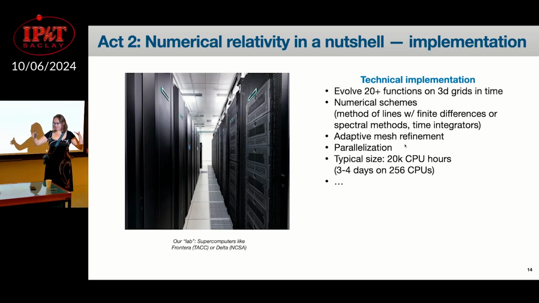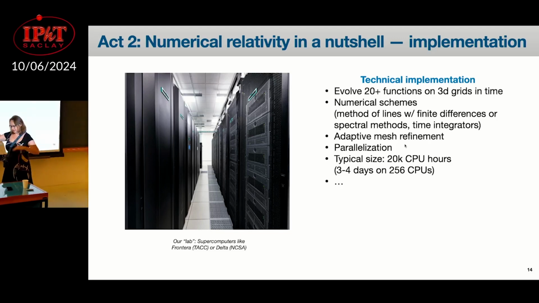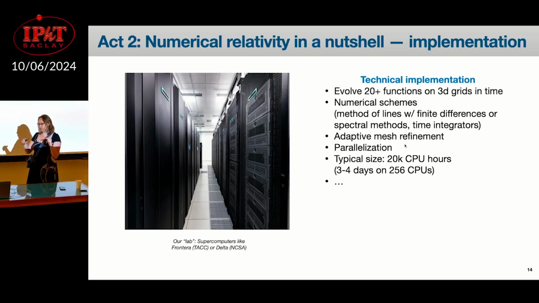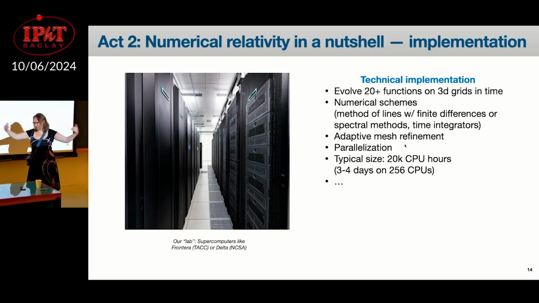So your grid size is still 3 spatial dimensions plus that you evolve in time. So you end up with these extra gauge functions or scalar fields, but it's something that we know how to deal with. So I think it's not as bad as writing a completely new code for n+1 dimensions.